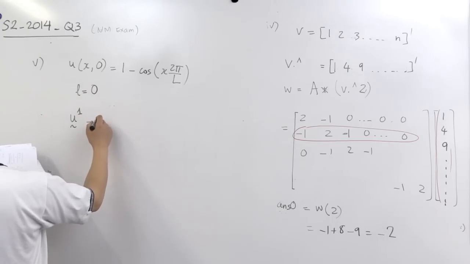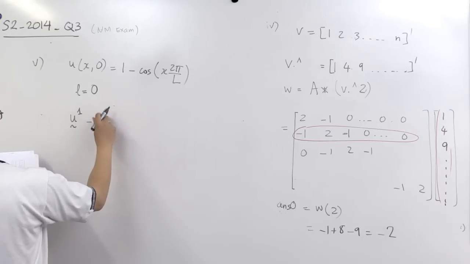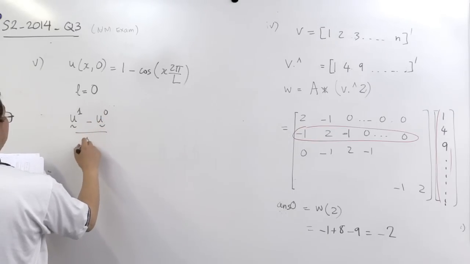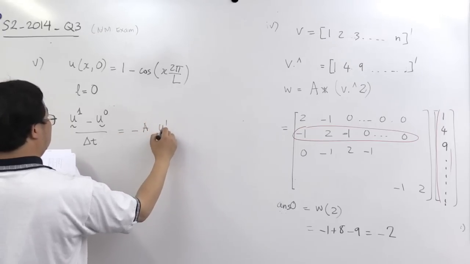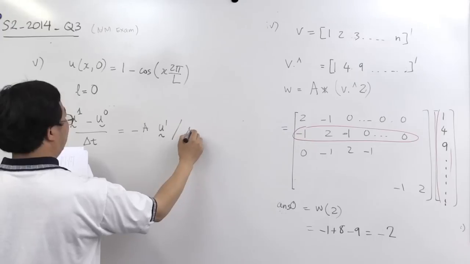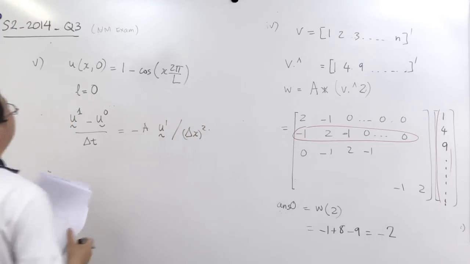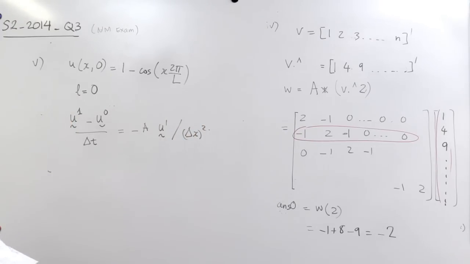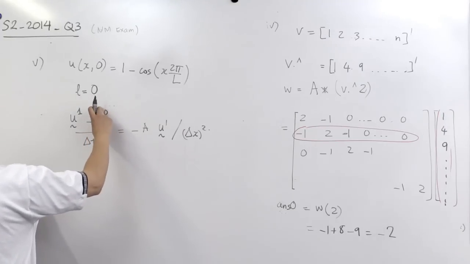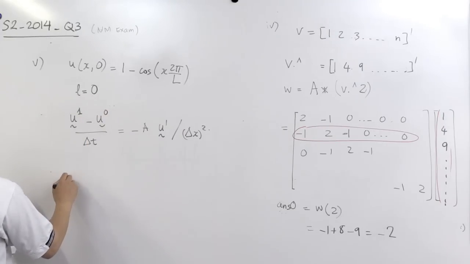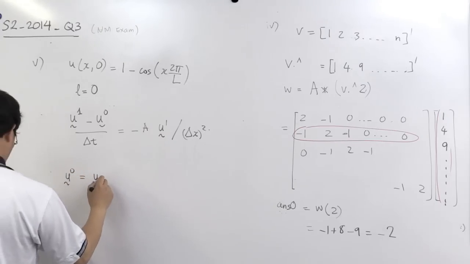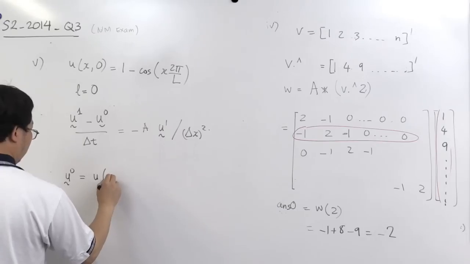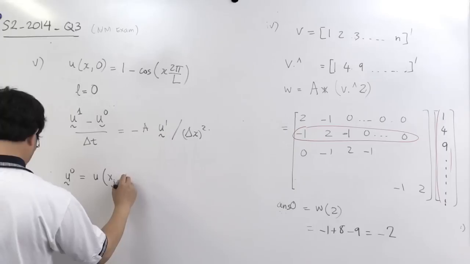then you just have L plus 1, which is 1, with L equals 0 here, divided by delta t equal to minus A u1 divided by delta x squared. But you see in this case u0 is known. U0 is your initial condition. It's just u at xj and at time equals 0.